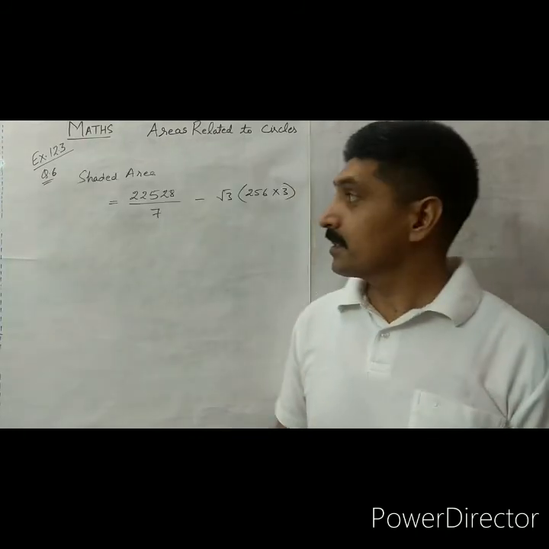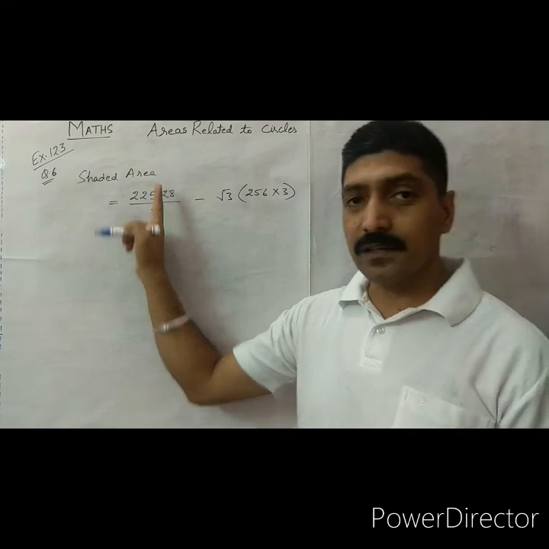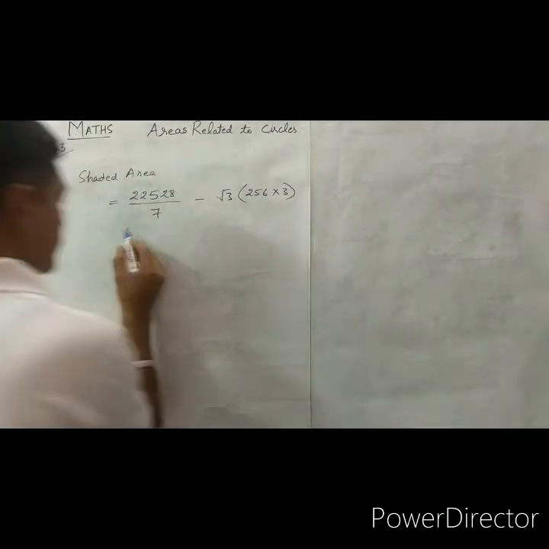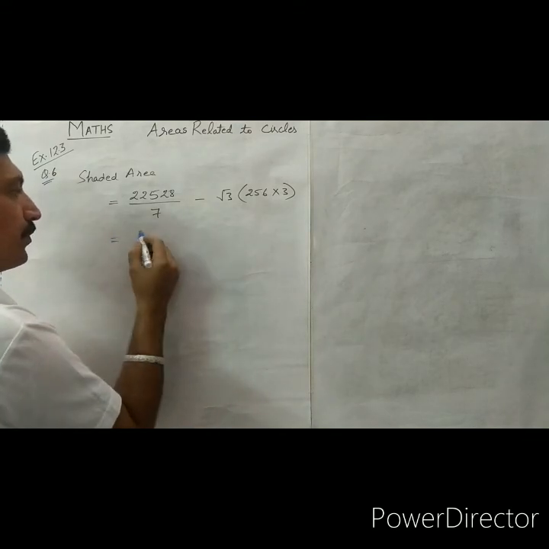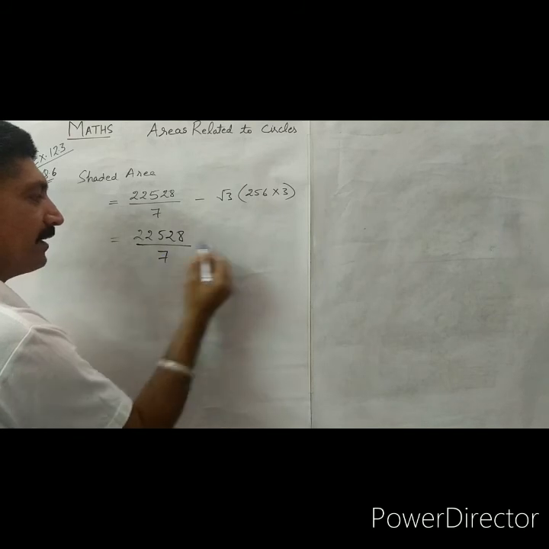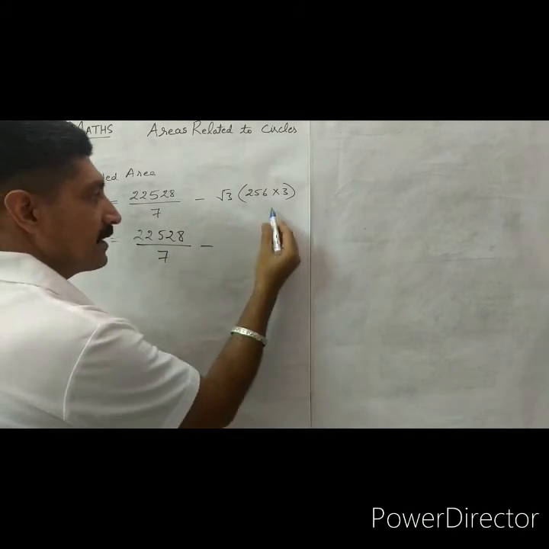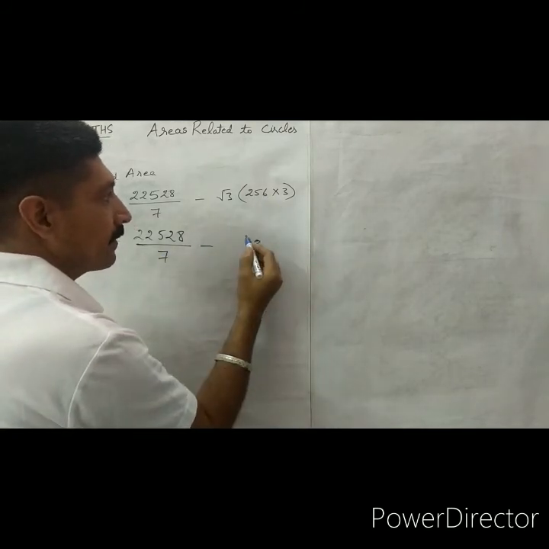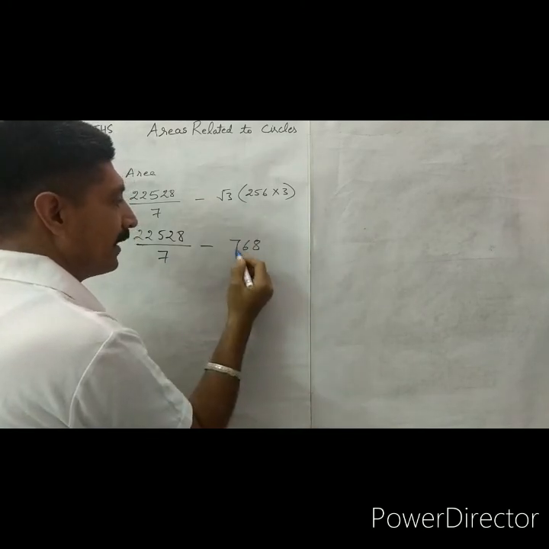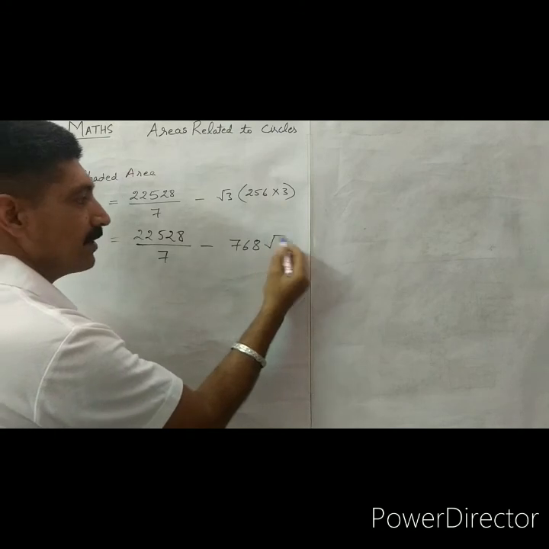Question number 6. The shaded area here, a small mistake here in the calculation. This is here 22528 upon 7. Here it is 18, 5, 15 plus 1 16, and 1 carry, that is 7 under root 3.